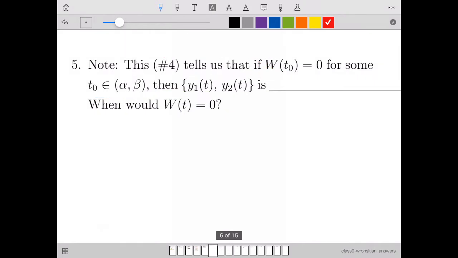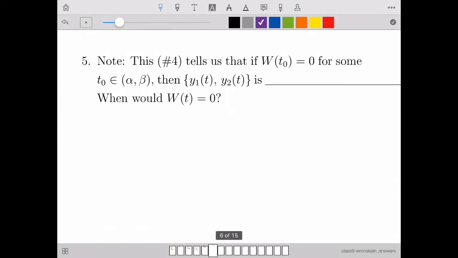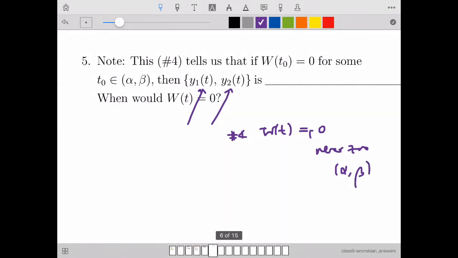Note, this number 4 tells us that if the Wronskian at some t0 is 0, then, well, if I have two solutions, number 4 said the Wronskian of t is either 0 or never 0 on the interval alpha beta.